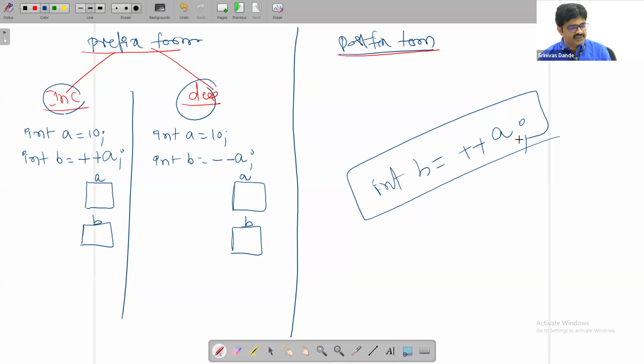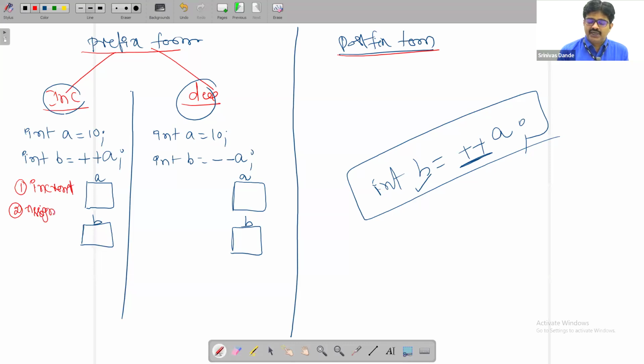In the case of prefix, guys, first prefix will take the priority, assignment takes the second priority. So what is happening here? Prefix form, first, which one will happen? Increment will happen. Second, assignment.